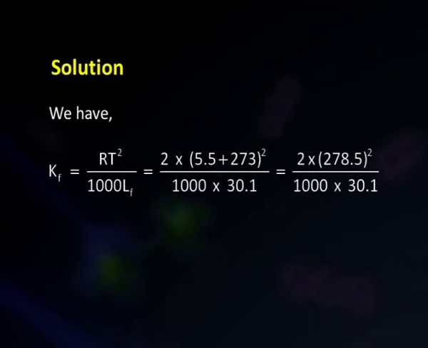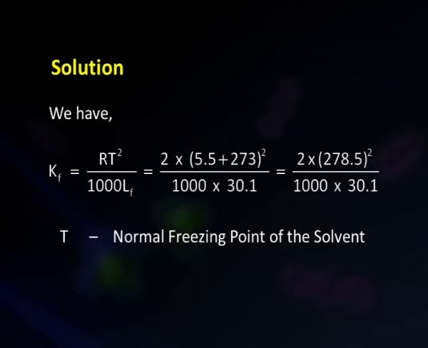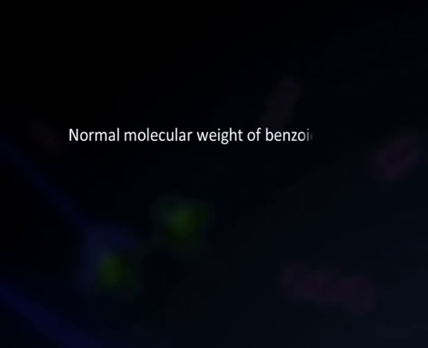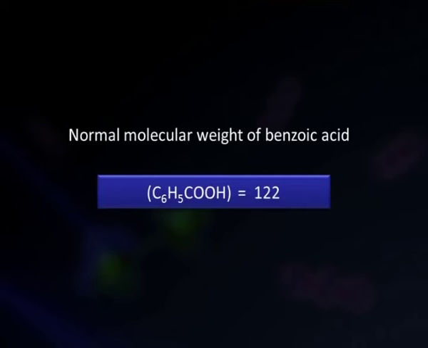Now we have Kf is equal to RT square upon 1000 into Lf. Here T is normal freezing point of the solvent and Lf is latent heat of fusion of the solvent. Putting all the values, we will get Kf for benzene. Normal molecular weight of benzoic acid is 122.